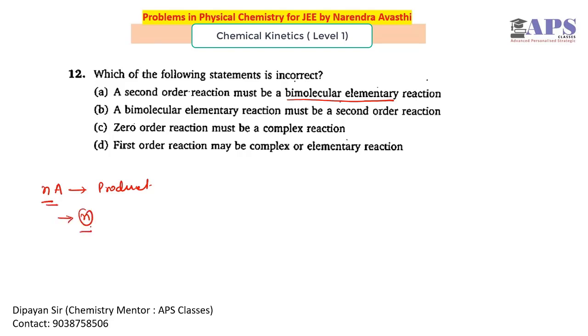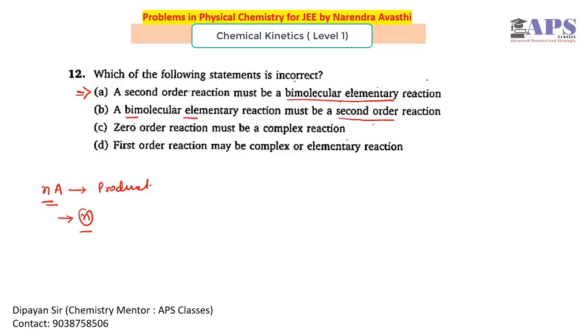Okay, but it is not necessary that every reaction should be elementary in nature. So for any complex reaction, the overall rate equation can have an order of 2. So this statement is incorrect, because if any second order reaction is present, it need not always be an elementary reaction. Okay, but for a bimolecular elementary reaction it should be a second order reaction.